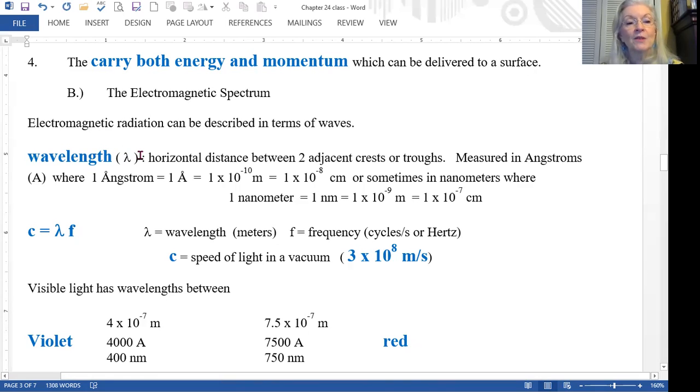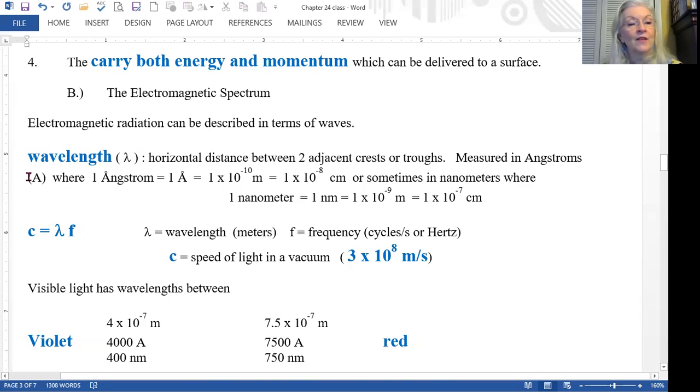It looks like an upside down Y, if you will. Normally, the taller line is at an angle, sort of tilted left, and the short line then comes down about halfway. So Greek letter lambda, the horizontal distance between two adjacent crests or troughs, is measured in angstroms.